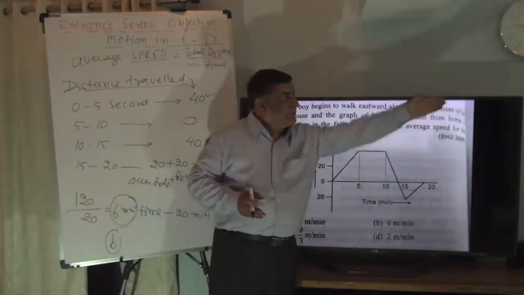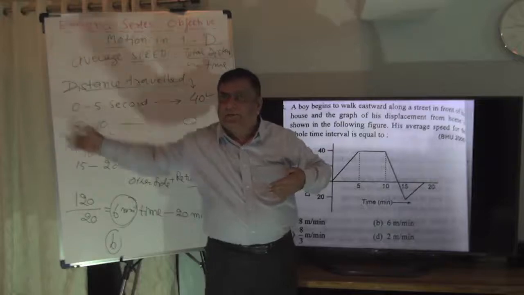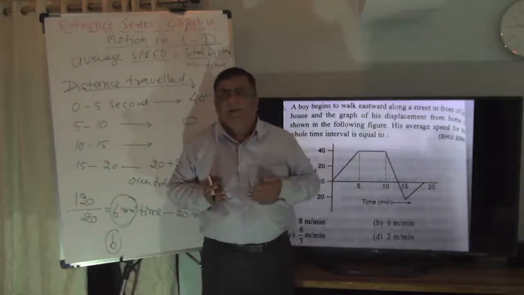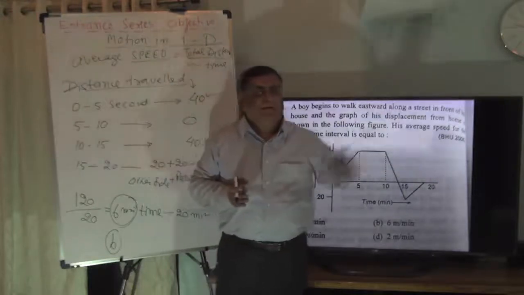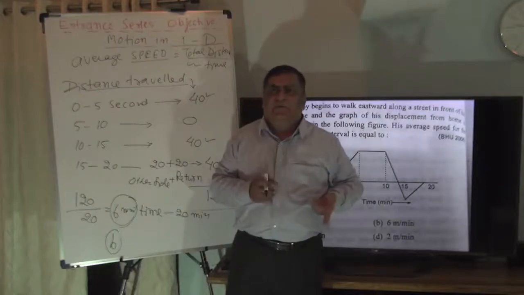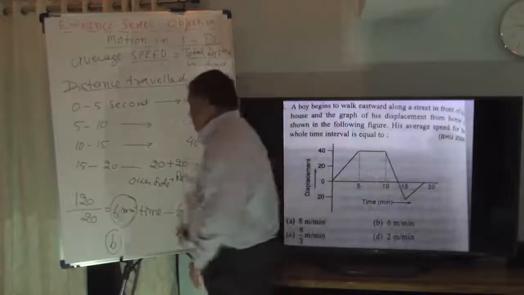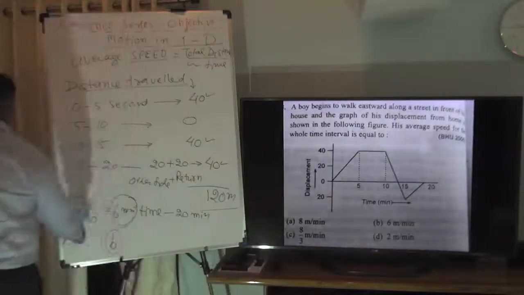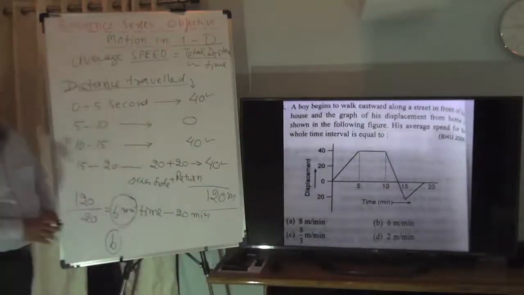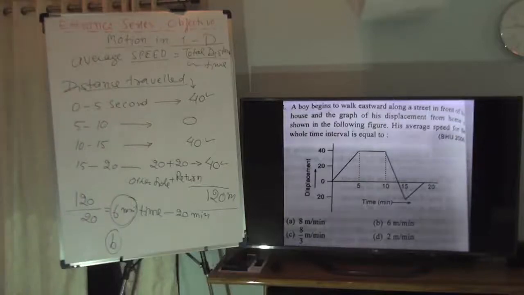Come back to 0. 40, 20, 20. 40, 40, 80 and 20, 20, 40. 80 and 40, 120, and the total time given is 20. So 120 divided by 20 is equal to 6 meter per minute. This is the speed.